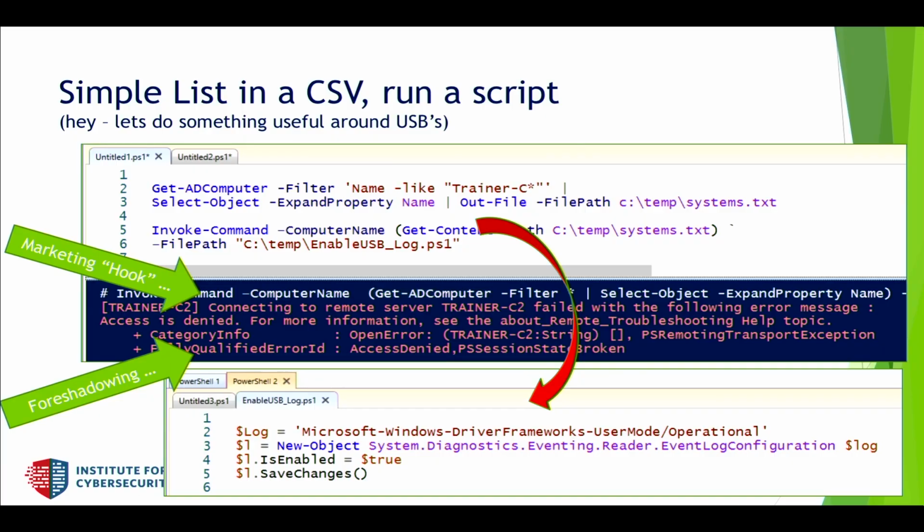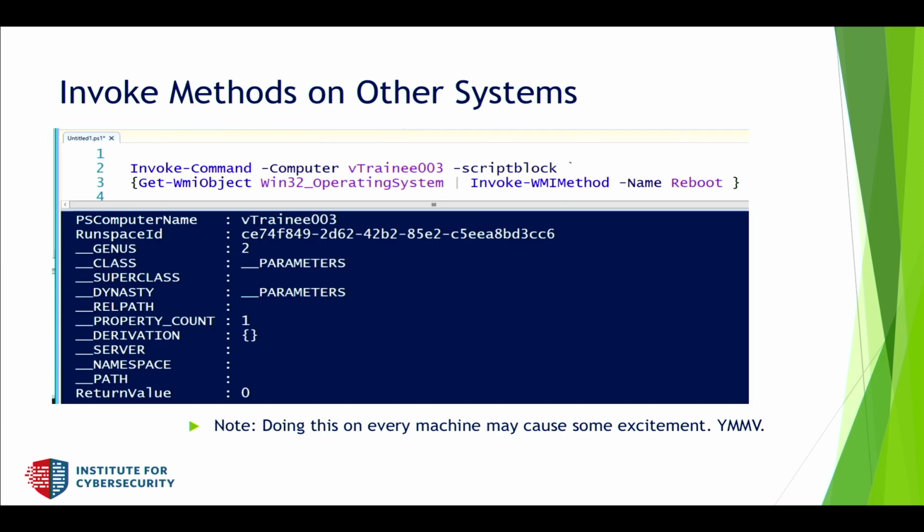So this is an example where we wrote a simple PowerShell script, and I'm going to run that in the enterprise. I'm going to invoke it across the machines and run that script everywhere. Of note, please realize that Invoke-Command limits itself to 32 connections at a time to control resources. If you have 1,000 machines, it may take a few hours for that to run if you use this method.